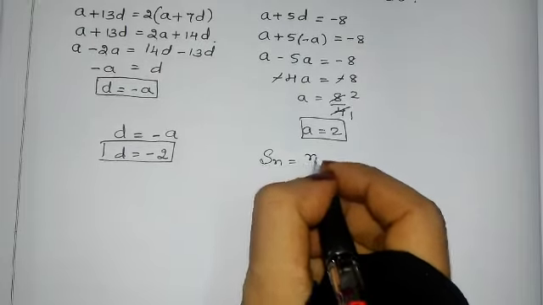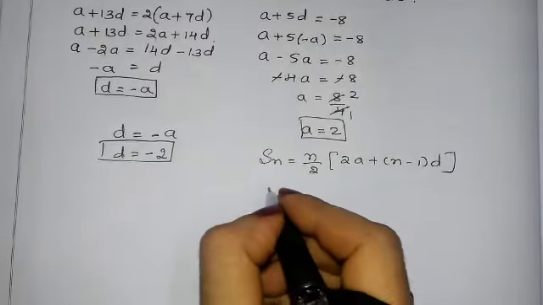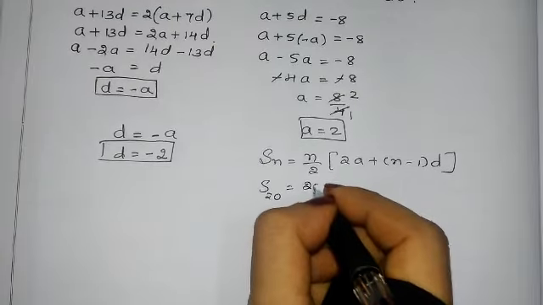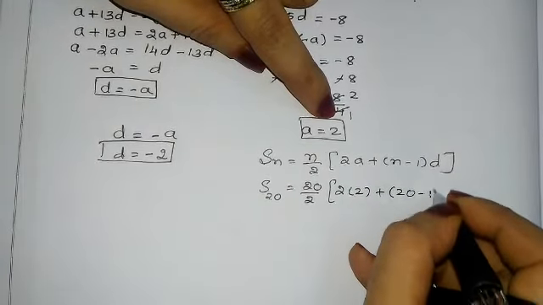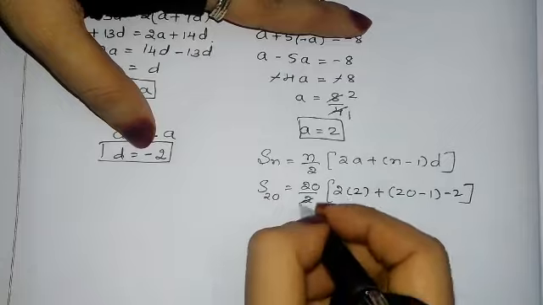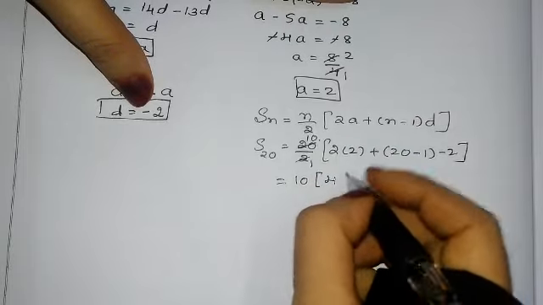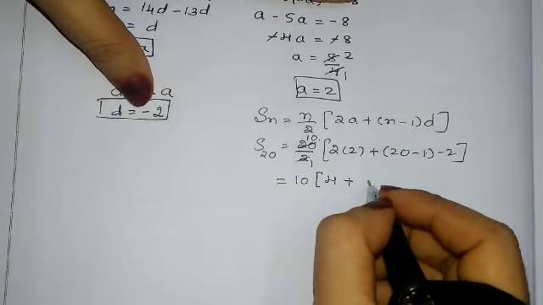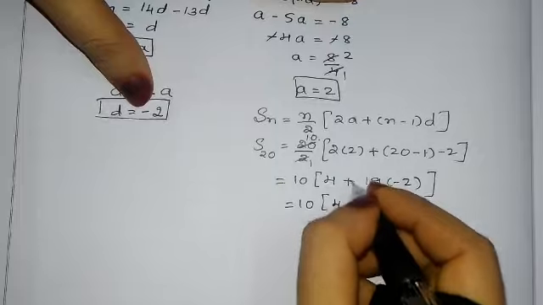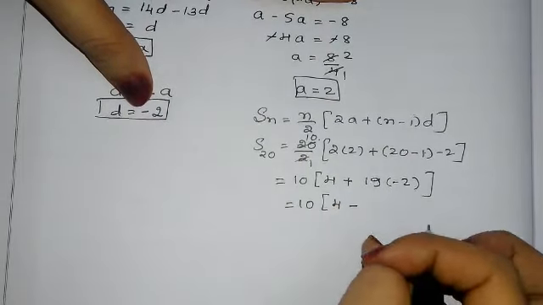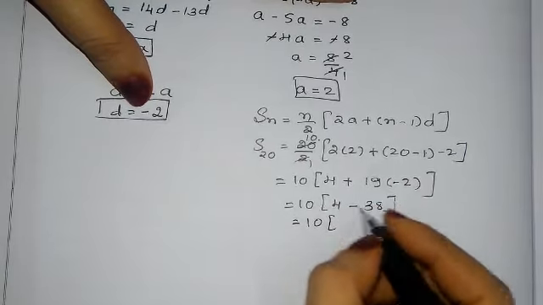Let us write the formula. Sn is equal to n by 2 times 2A plus n minus 1 D. S20 is equal to 20 by 2, 2A value is 2, plus n is 20 minus 1, D is minus 2. 2 1s are 2, 10 2s are... So 10 into 2 2s are 4, plus 20 minus 1 is 19 into minus 2. 10 as it is, 4 plus minus 19 2s are 38. 10 into 38 minus 4 is 34.